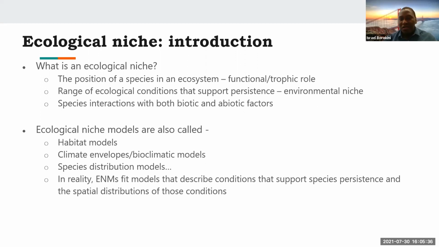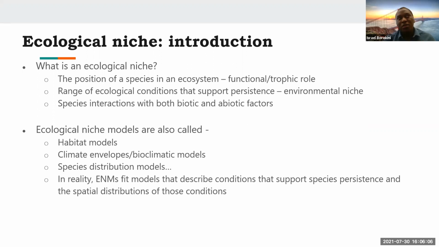Some describe it in terms of the range of conditions that support the persistence of that species. Some describe the range of ecological tolerance under which the species can survive. Other experts describe ecological niche in terms of the position of that species in the ecosystem. Is it a predator? Is it a herbivore? Is it a green plant? Is it a producer, and things like that?